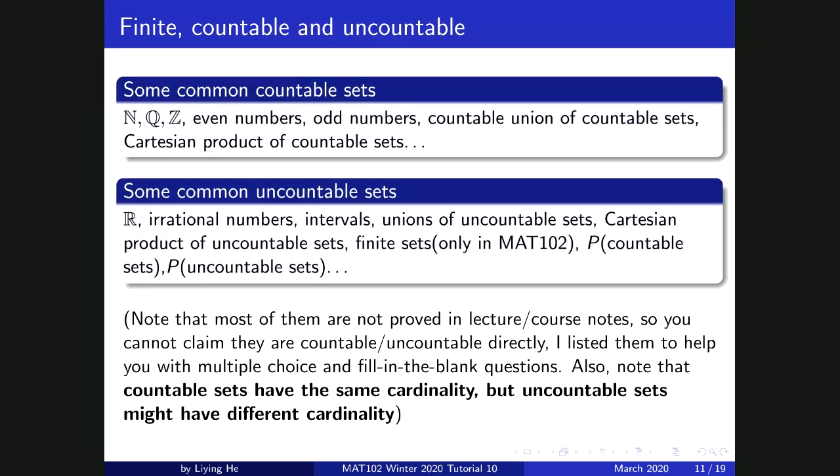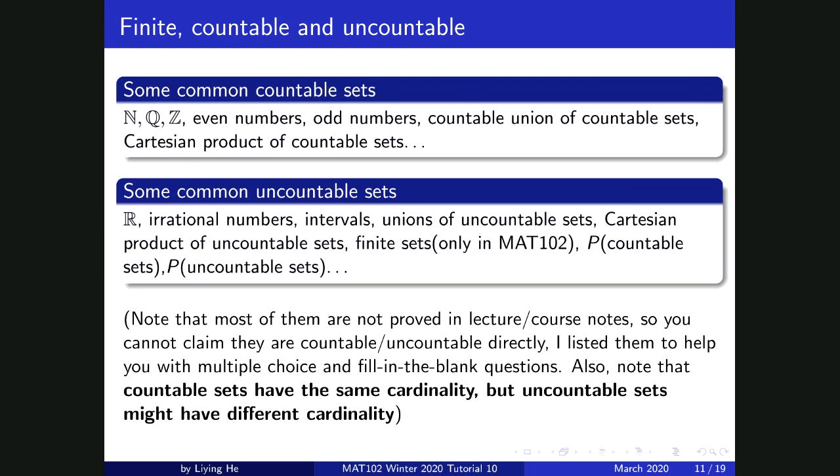What I listed here are some common countable sets and common uncountable sets. You can take a screenshot, and I will also post the slide later on Wednesday, so you don't have to copy them down. But although I list them out, it doesn't mean you can claim them to be countable or uncountable directly.